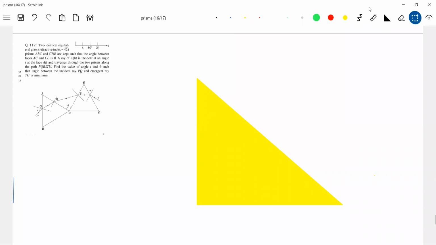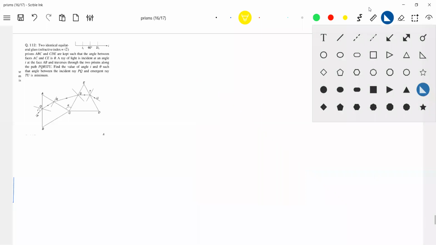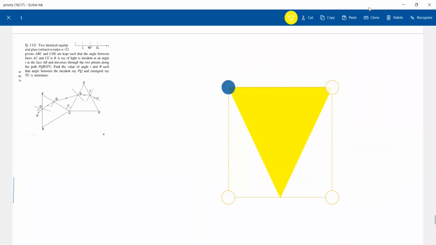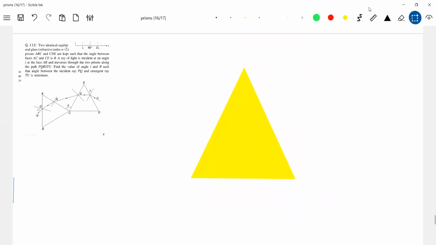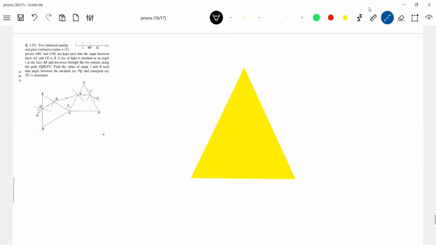We'll do one thing, I'll take another triangle. If you have a point object here, so it is placed at a certain position. It can be anywhere. So like this we will assume. So here I keep a point object.